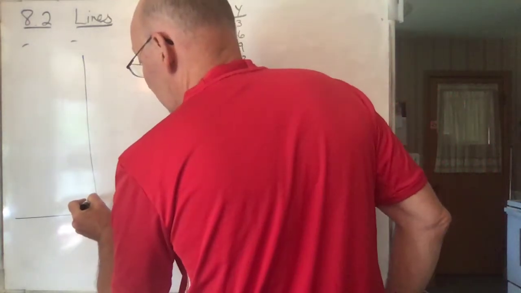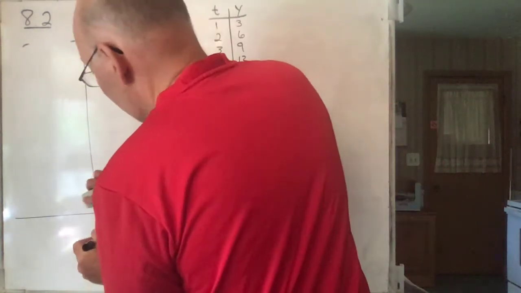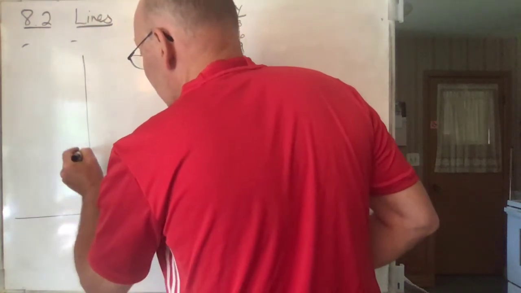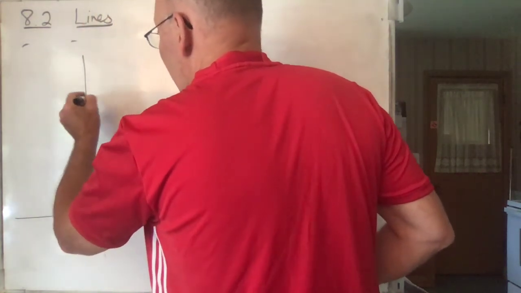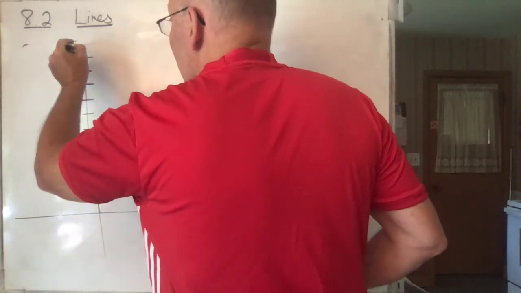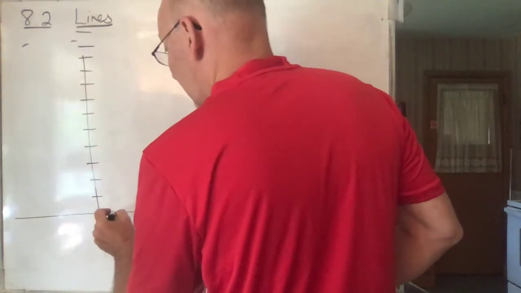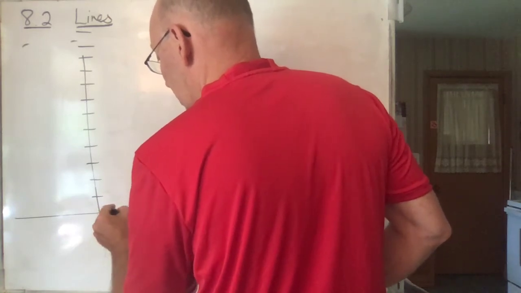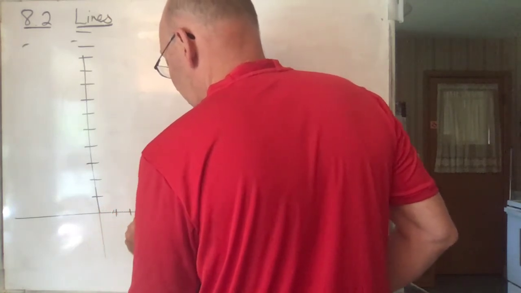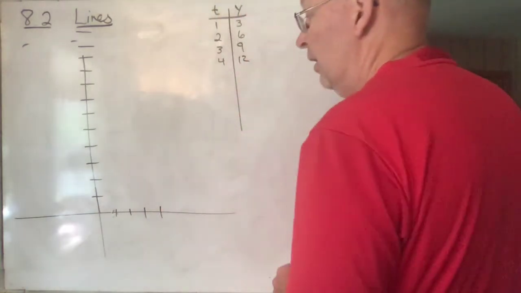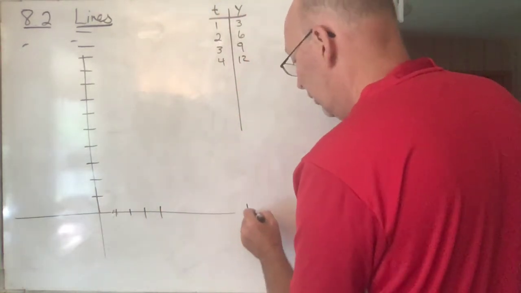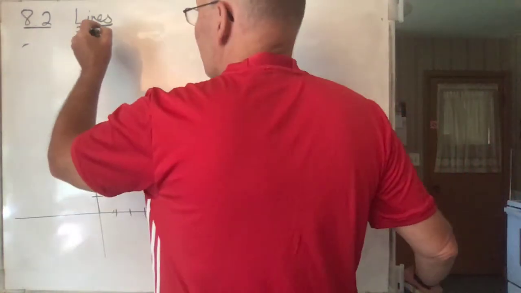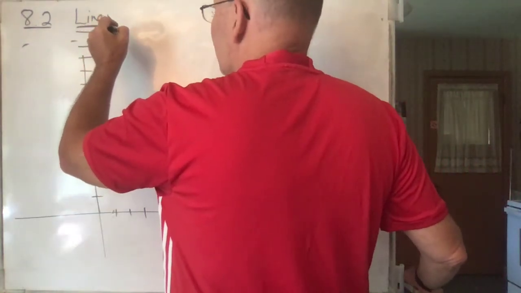So 1, 2, 3, 4, 5, 6, up to 12. And here's 1, 2, 3, 4. So this is hours, and this is y miles.